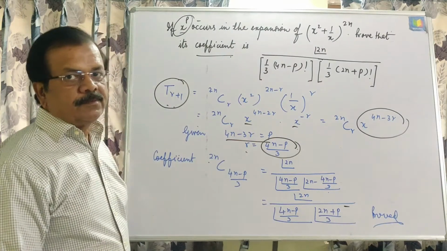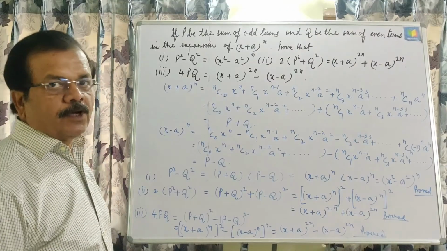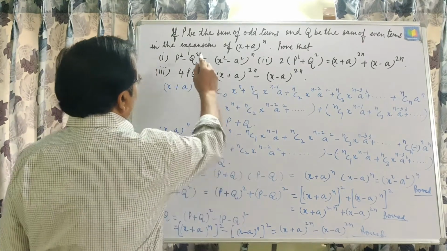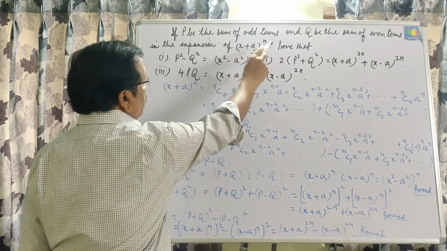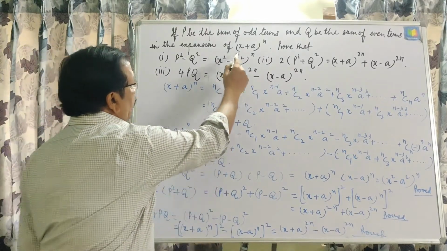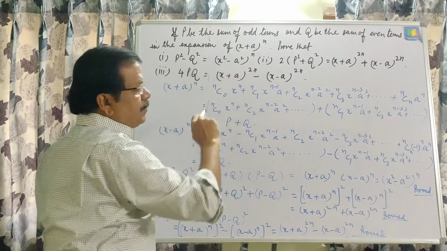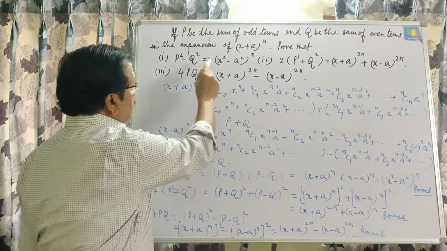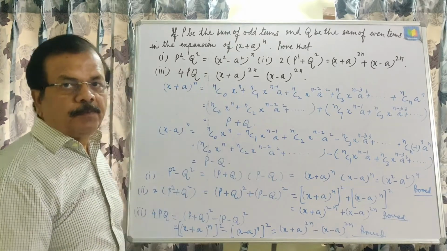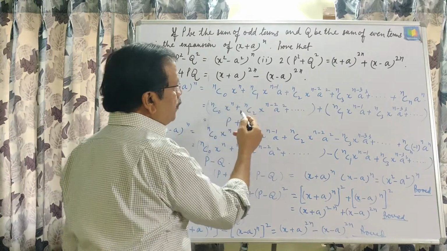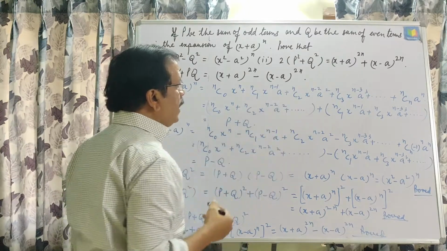Now next question. This is also one of the very important questions and different also, because p is the sum of the odd terms and q is the sum of even terms in the expansion of this. Then prove these many things. First of all we will write the expansion of x plus a to the power n as nC0 x to the power n like this up to n terms.